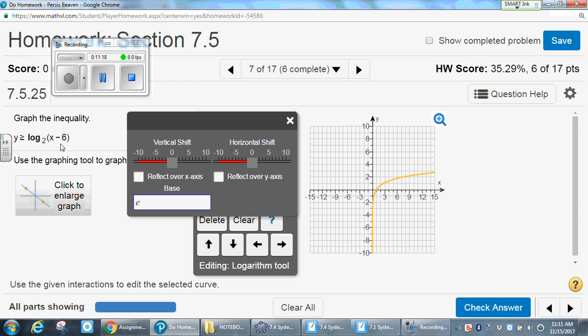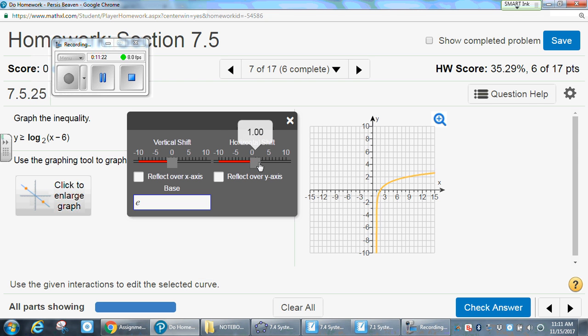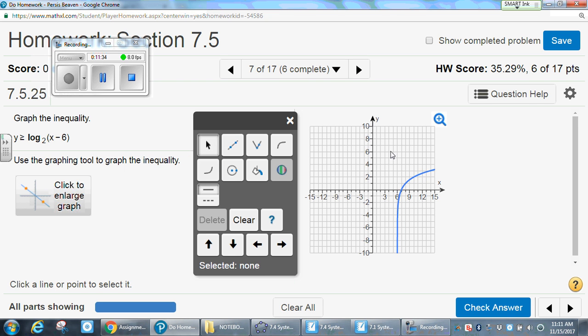Mine has a horizontal shift of 6 units to the right, and I also need to change the base. My base is 2. Before you color, this is very important, everyone look at the board. Before we color, we need to draw the asymptote.